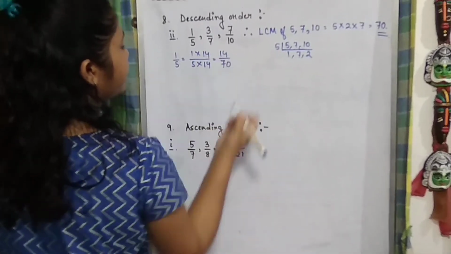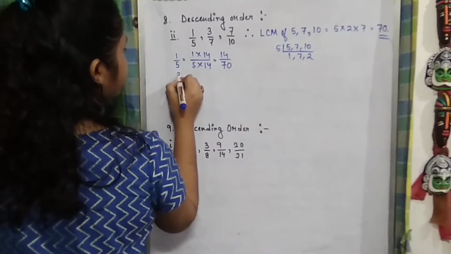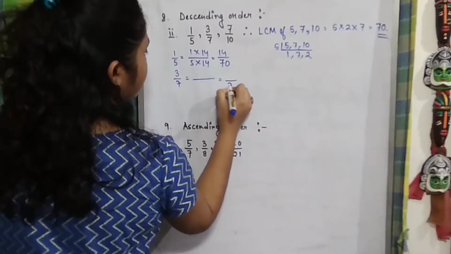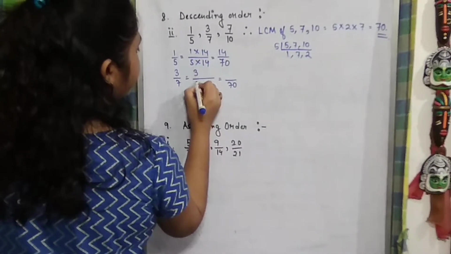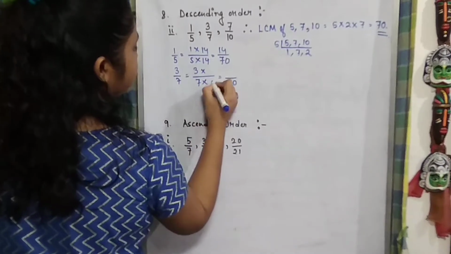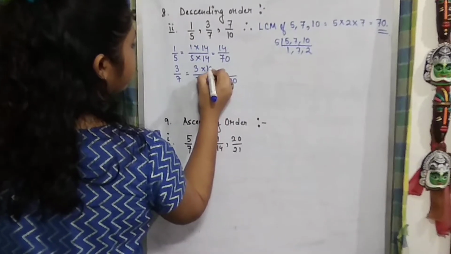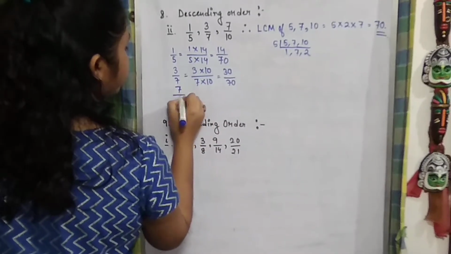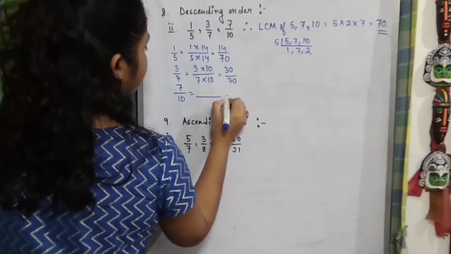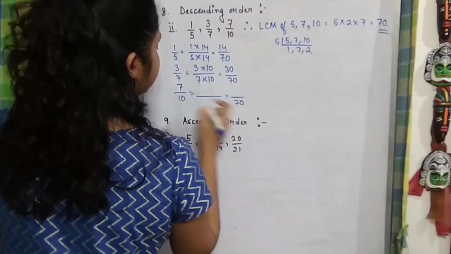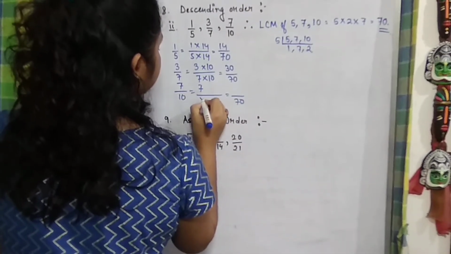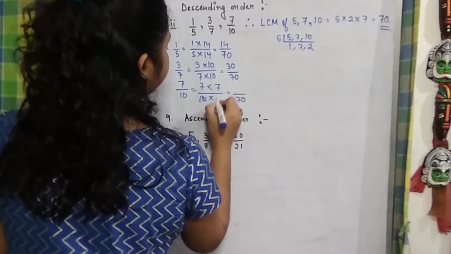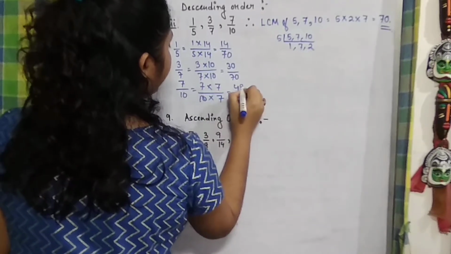So it will be 14 by 70. Similarly, 3 by 7 will be multiplied with 10. It will give 30 by 70. Again 7 by 10, when multiplied with 7 in both the numerator and denominator, will give 49.